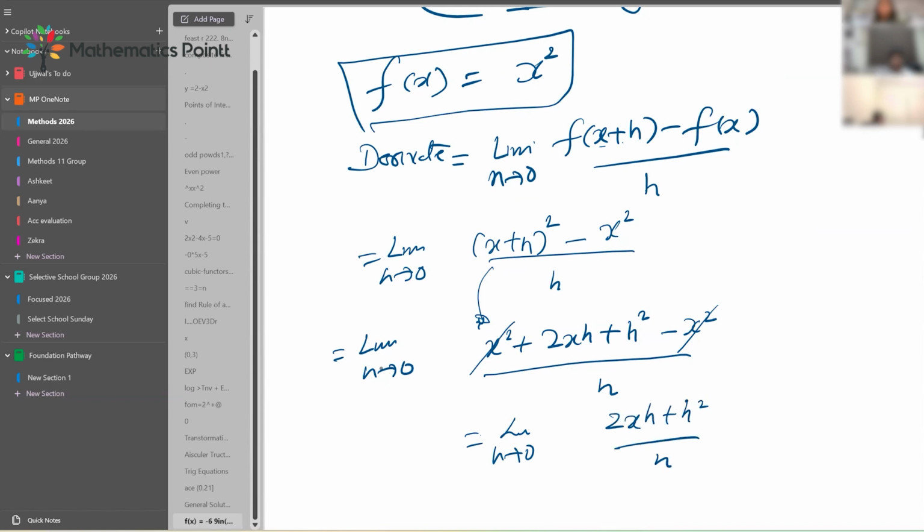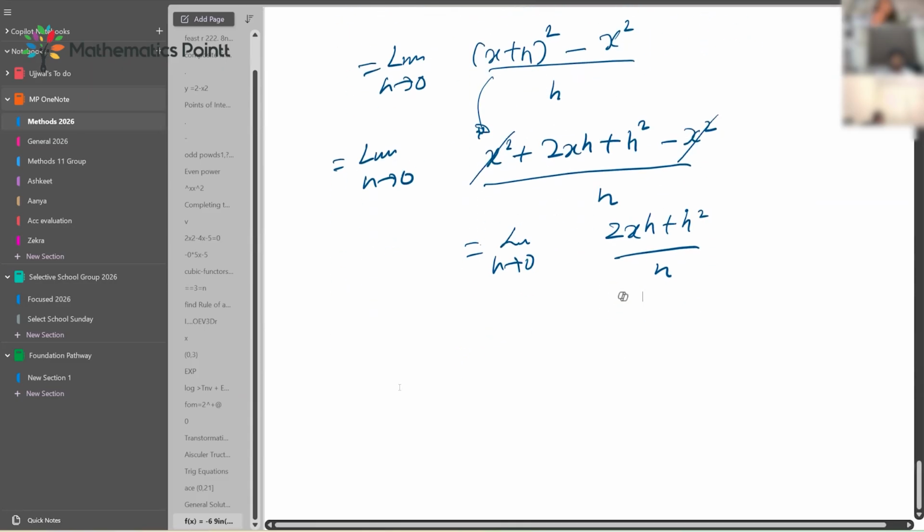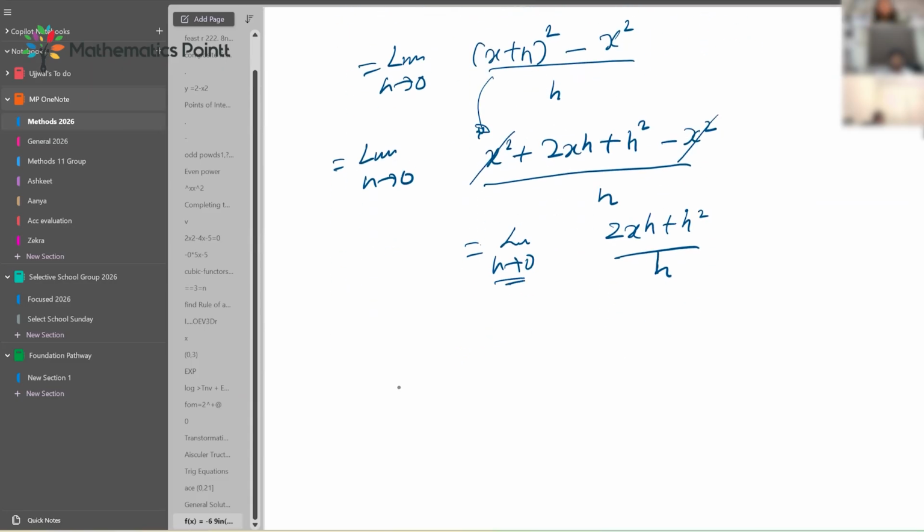I cannot apply the limit right now. I cannot sub in 0 here, because limit actually tells you to sub that value in, right? It's so small, sub it in. But if I sub it in, h is in the denominator, it'll make the derivative not defined. So is there a way I can get rid of this h from the denominator? Yes, I can factorize it.